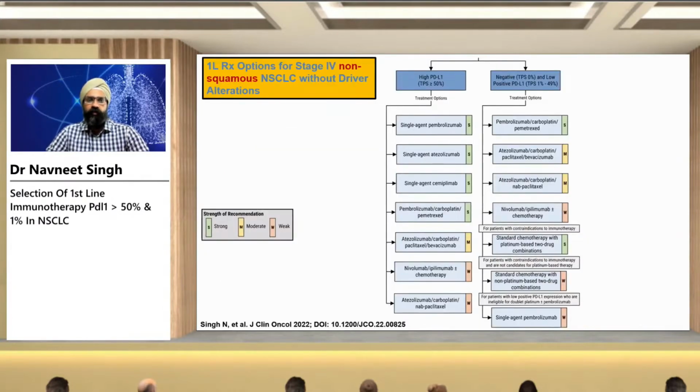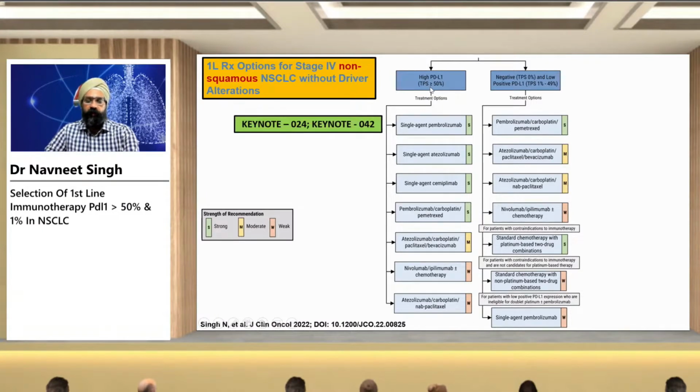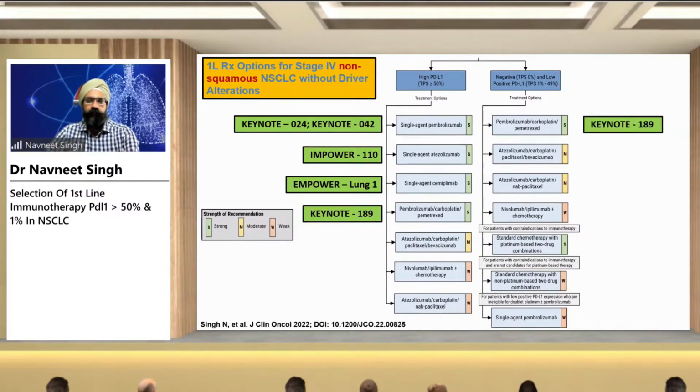If you talk of non-squamous NSCLC and have excluded driver alterations, you can see that if it is high PD-L1, which is TPS 50% or more, it is either single agent pembrolizumab based on the Keynote 024 or 042 trials, or single agent atezolizumab based on the Empower 110 trial, or single agent cemiplimab based on the Empower Lung 1 trial.